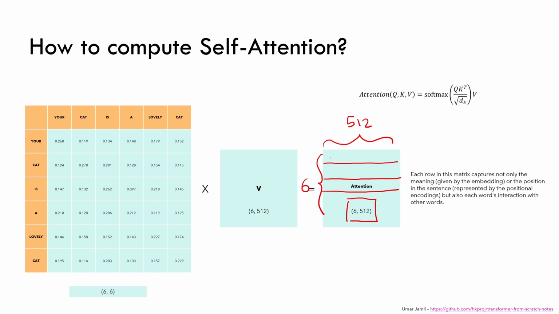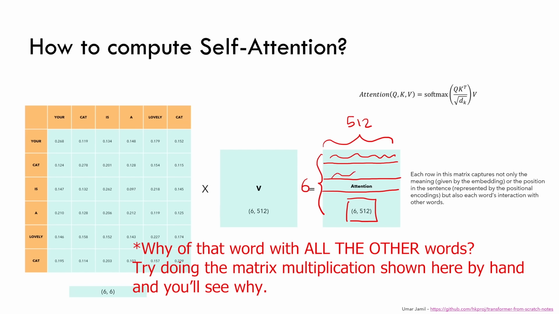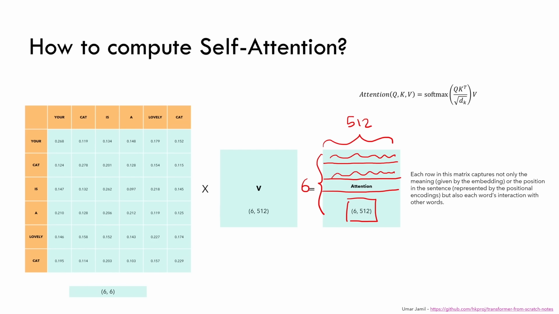Now this embedding represents not only the meaning of the word, which was given by the input embedding, not only the position of the word, which was added by the positional encoding, but somehow this special embedding also captures the relationship of this particular word with all the other words.